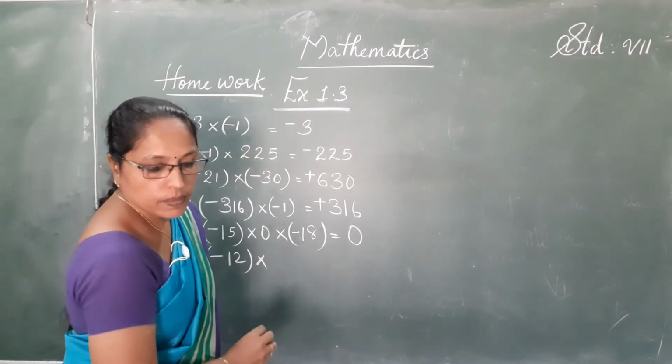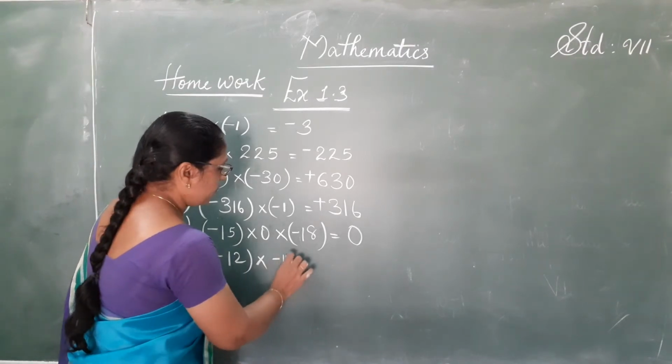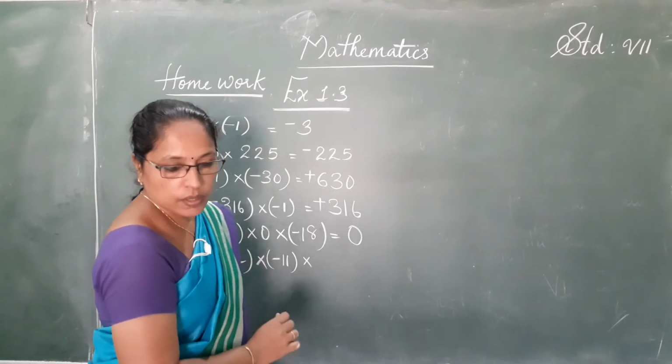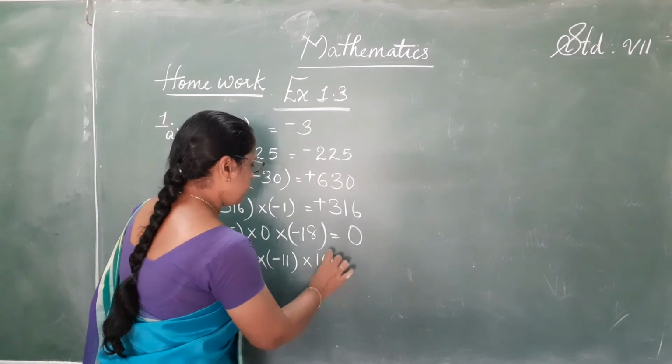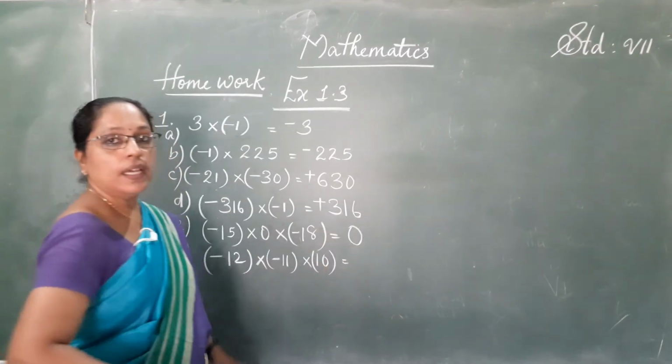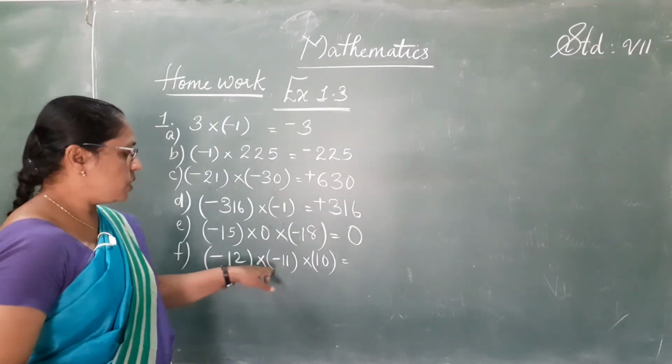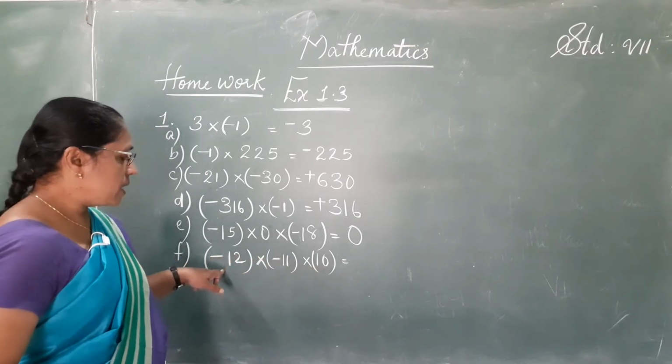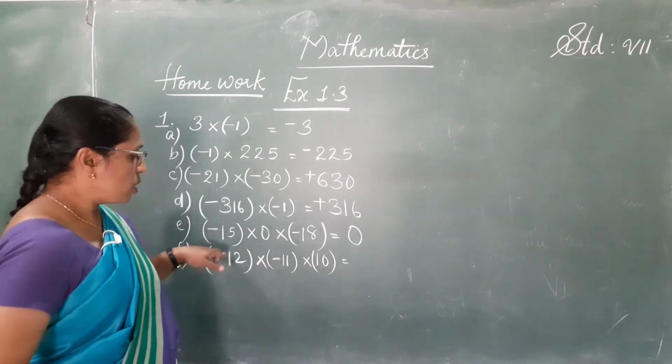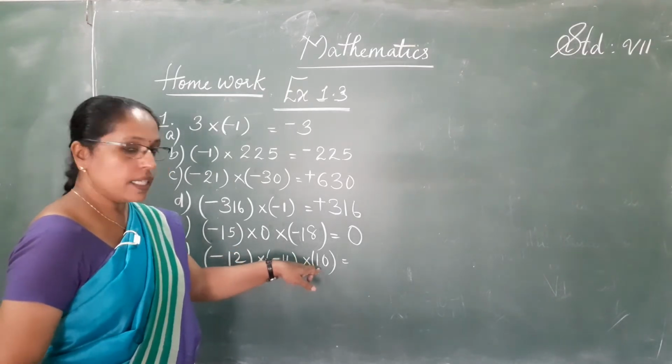F part: -12 into -11 into +10. Here we have three integers again. One is negative, the other also negative, so they have the same sign, and the third is positive.